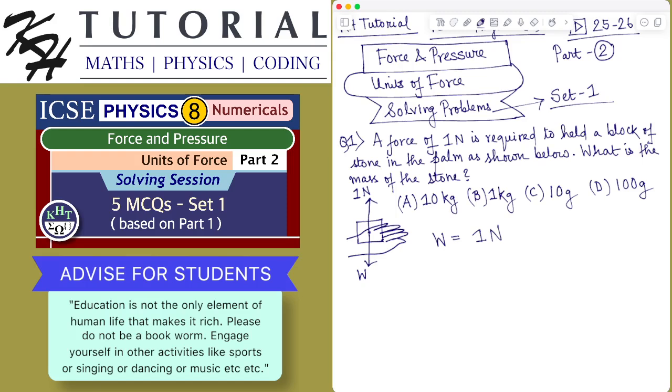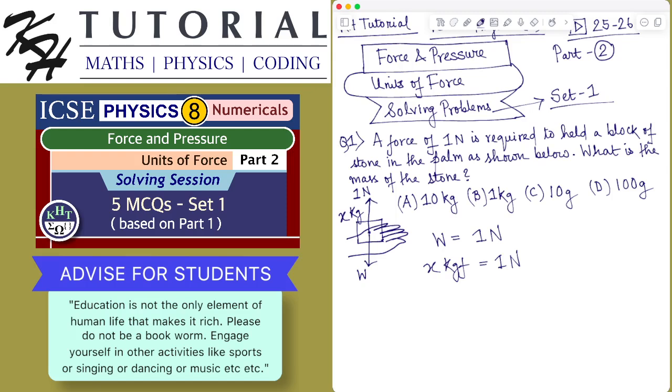Let's say we consider the mass of the stone to be x kilogram, so the weight will be x kgf, which will be equal to 1 Newton. So we have x kgf is equal to 1 Newton, where we have considered the mass of the stone to be x kilogram.